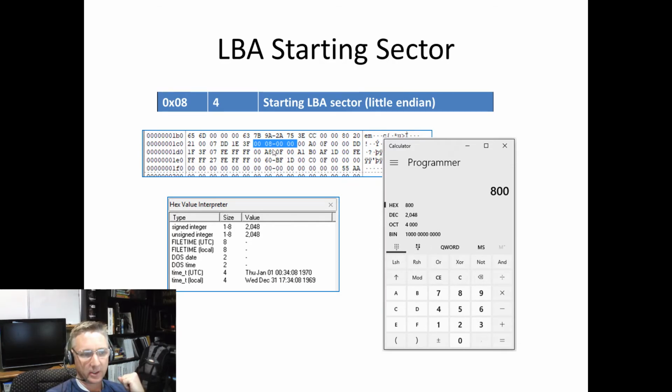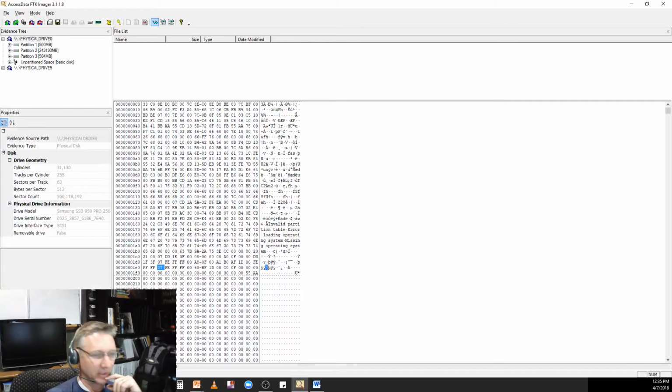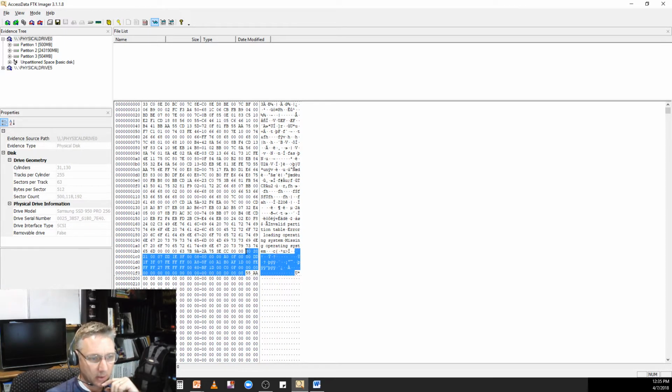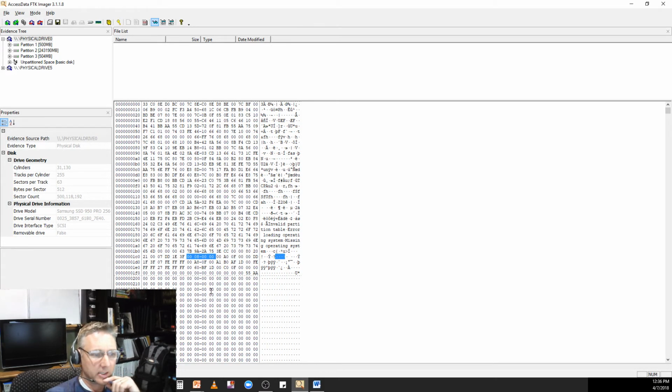When we put it in there, hex 800 is 2048. Okay, so what does that mean? Well, it means exactly what it meant just a few minutes ago. Here's my master partition table. Those three values are the final CHS sector, and then these 4 bytes here are the starting LBA.